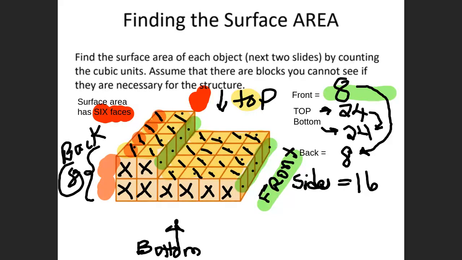I have a front and a back. Now, if I add 8 plus 24 plus 24 plus 8 plus 16, I will get my surface area, which is 80 units squared.